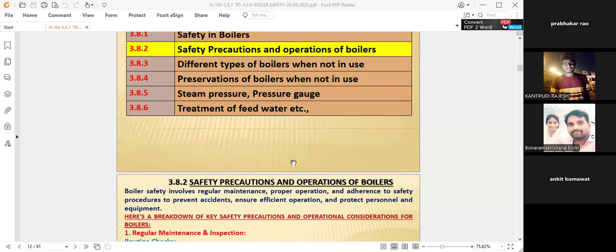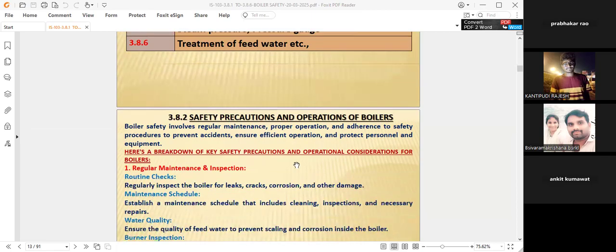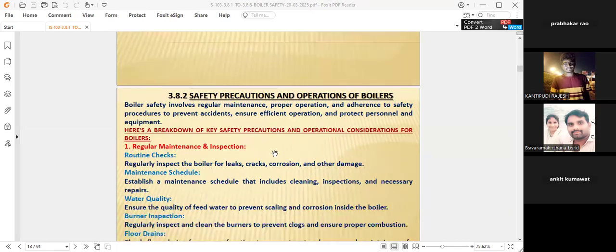Otherwise, unburned coal will be carried out through the ash, or unburnt liquor. If the fuel is unburnt, you are not getting steam, steam pressure, or temperature properly. That's why proper operation is very important in all aspects of operation techniques.